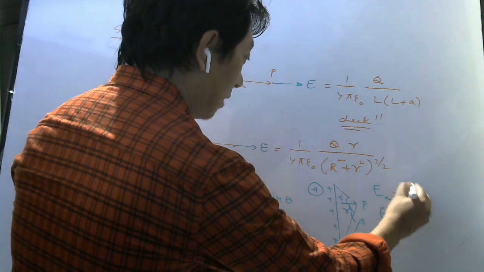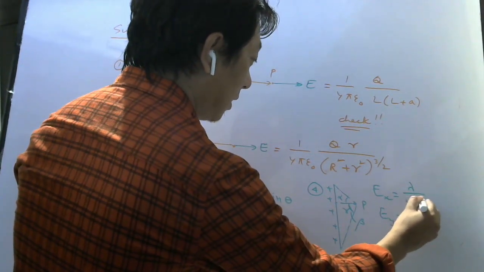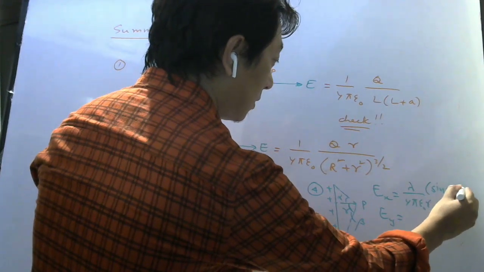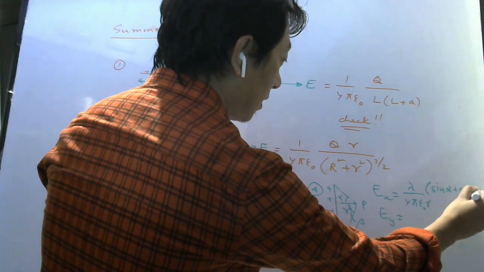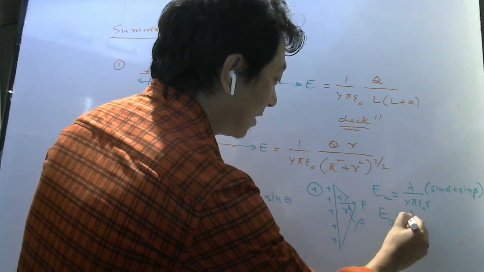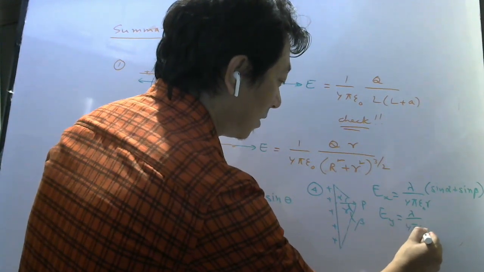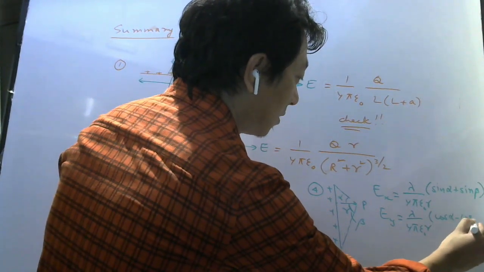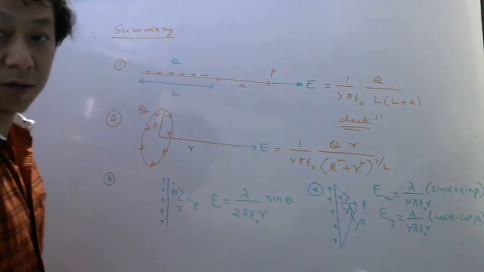Ex was lambda divided by 4 pi epsilon naught r, sine alpha plus sine beta. And Ey is lambda by 4 pi epsilon naught r, cos alpha minus cos beta. You can check the formulas.